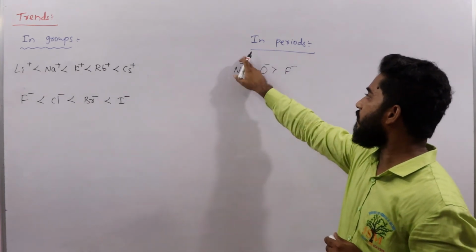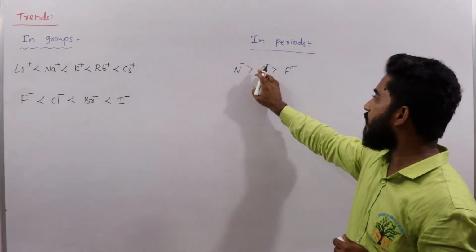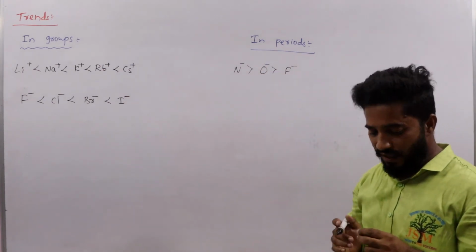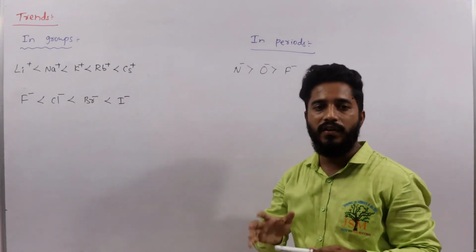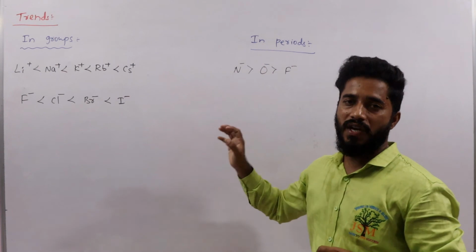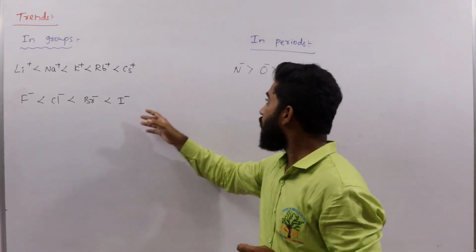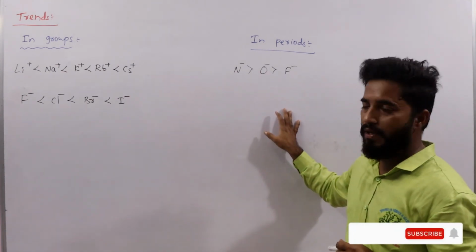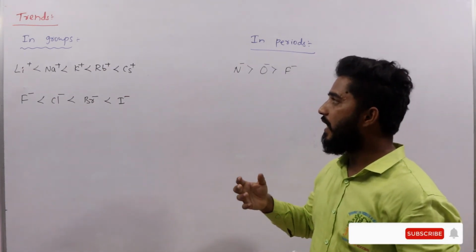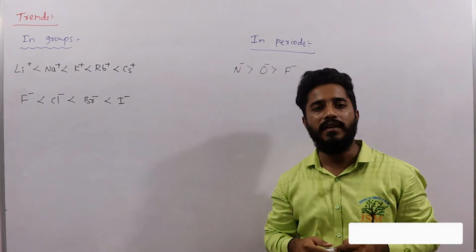That means N minus shows more size than O minus, and O minus shows more size than F minus. What you have to remember is that they should have similar charge, in groups or in periods, whatever it may be. So like that we can explain trends in periods and groups.